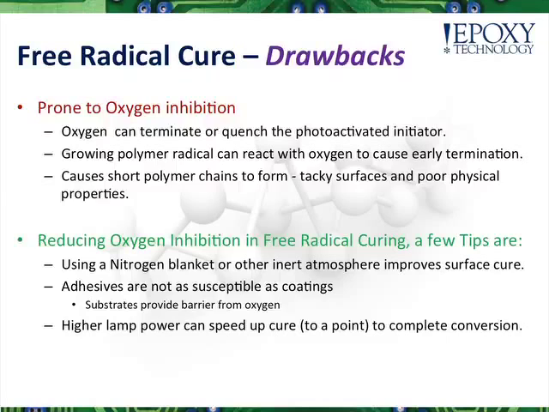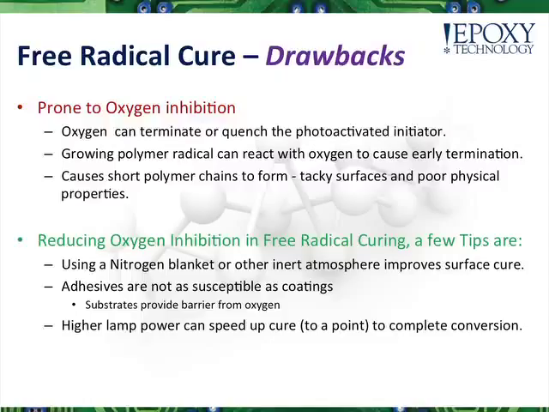UV free radical systems do have some drawbacks as well. For example, they're prone to oxygen inhibition. Oxygen can interact with the photoinitiator, that free radical that's generated, and stop the polymerization from happening. This is noticeable when it happens too much as a tacky surface in the acrylate system.